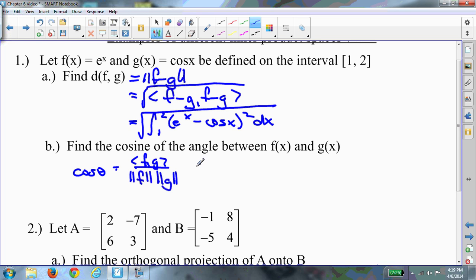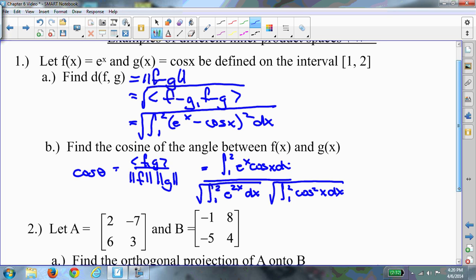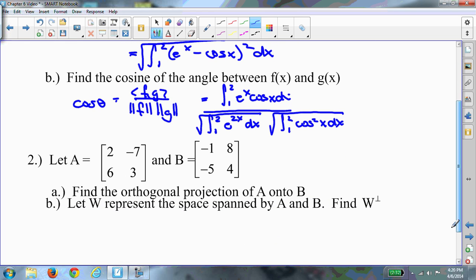So again, using our inner product definition for continuous functions over an interval, this would be the integral from 1 to 2 of e to the x cosine x dx all over the magnitude of f, so that would be the inner product of f times itself, e to the 2x dx, square rooted, and the magnitude of g dot itself, so from 1 to 2, cosine squared x dx, and again another square root. So notice that would give a numerical value, which would be the cosine of the angle between f and g.